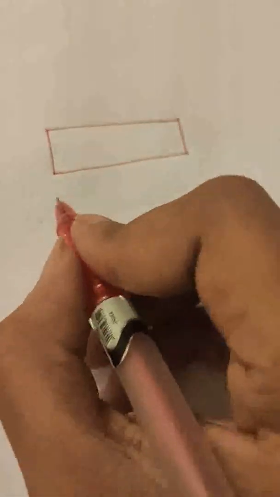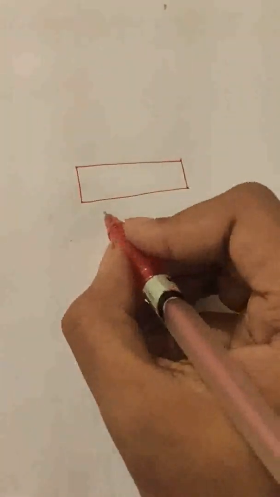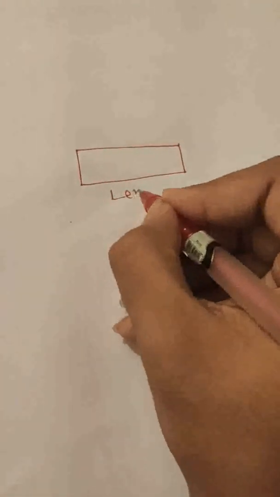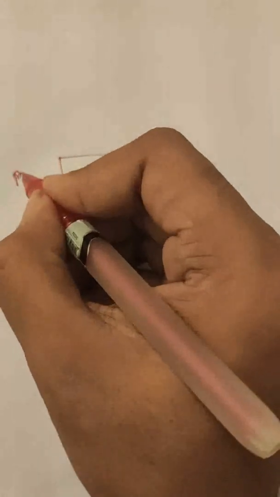Let us move on to 2D. 2D means an object that has two dimensions. Two dimensions means it has a length and a breadth. If you imagine a rectangle like this, the rectangle has two dimensions: one is length and another is breadth.